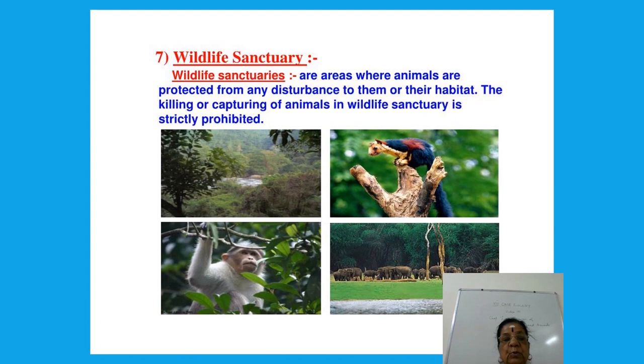The next one, wildlife sanctuaries. What does it say? Wildlife sanctuaries are areas where animals are protected from any disturbance to them or their habitat. The killing or capturing of animals in a wildlife sanctuary is strictly prohibited.